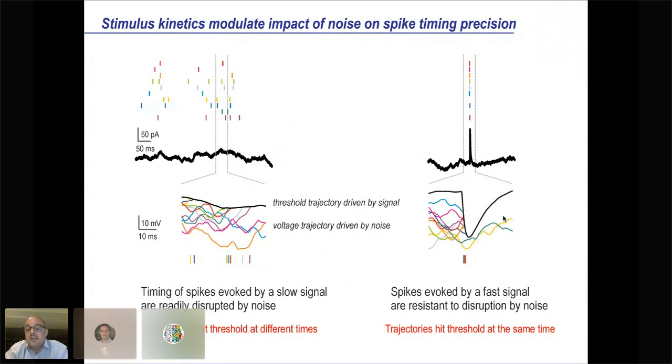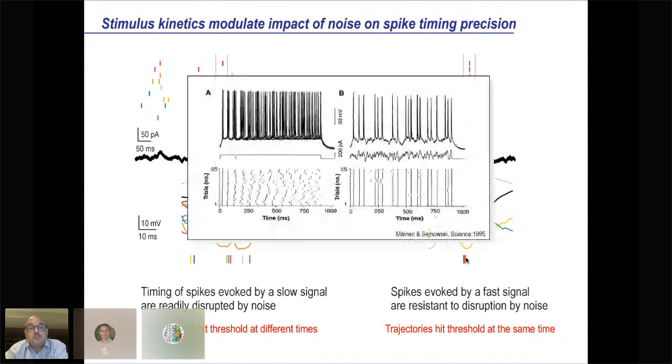But that's notable in the sense that rather than generating a poorly timed spike, they don't generate any spike at all. So this is a reduction in reliability rather than a compromise in spike timing precision, right? Under these fast conditions, the trajectories hit threshold at the same time. That makes for a tight distribution of the spike times, in other words, precise spike timing.